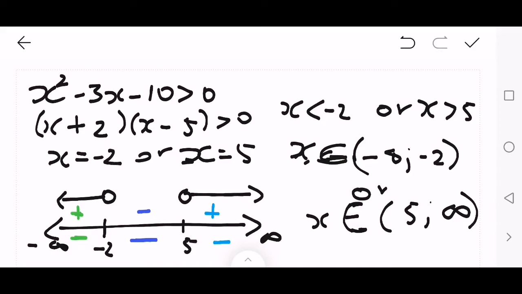So that's the solution. Those are the 3 ways to present the solution of an inequality.